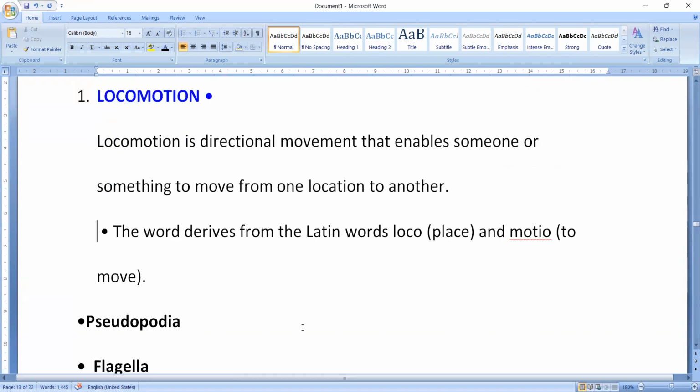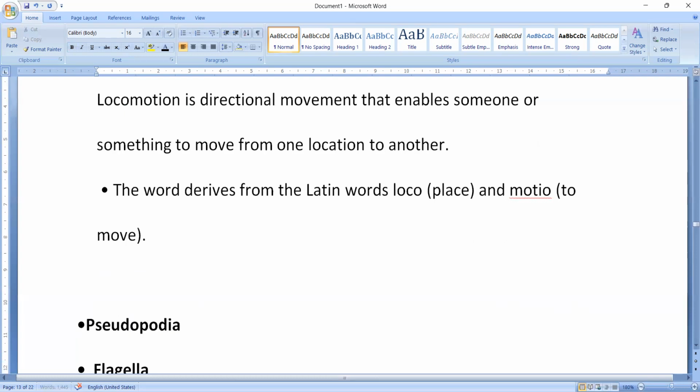Anyway, there are different kinds of locomotory organelles. What are those locomotory organelles?